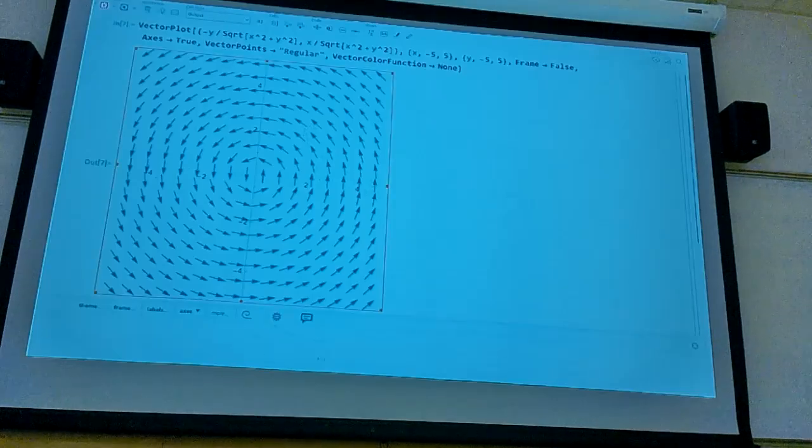But I think they wanted it on a disk, right? Yeah, they wanted it on the disk. X squared plus y squared equals 4. Let's add that in.